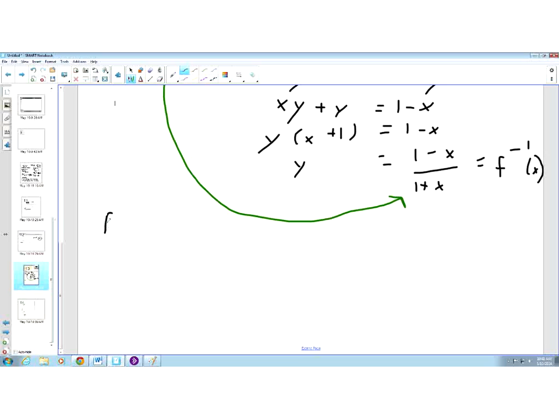So in other words, if we compose f with its inverse like this, we want to check, does that equal x? So let's do that. We'll go through the algebraic manipulation. So f is equal to 1 minus x over 1 plus x, and we want to replace x with its inverse.